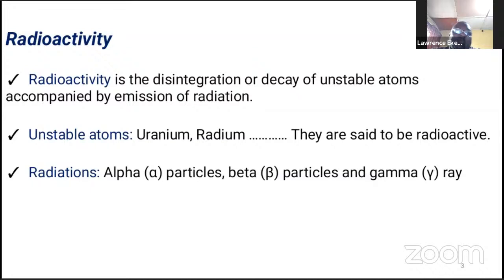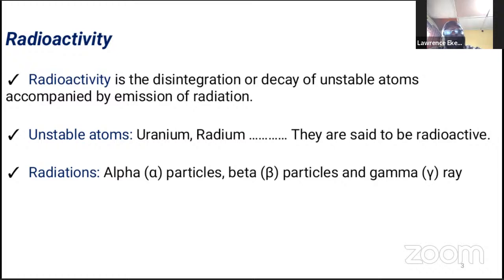In the nucleus, we have protons and neutrons. For any atom to undergo radioactivity, the atom must be unstable. Examples of such unstable atoms are thorium, uranium, radium, and plutonium, and there are so many. Because they are unstable, they undergo spontaneous disintegration so that they will achieve stability.